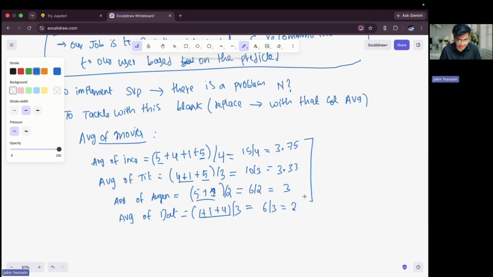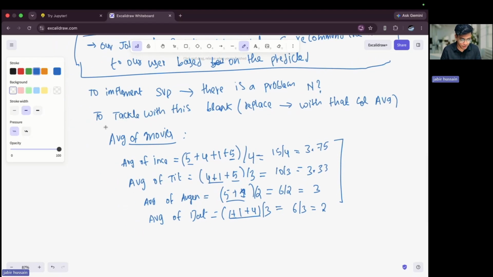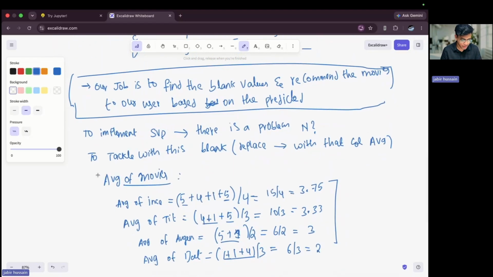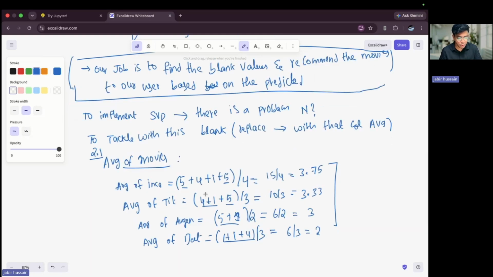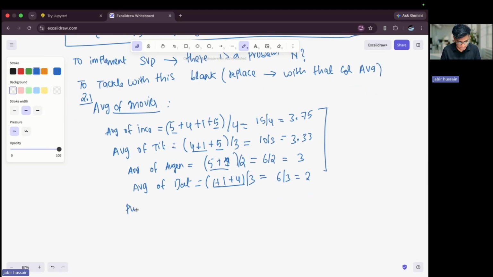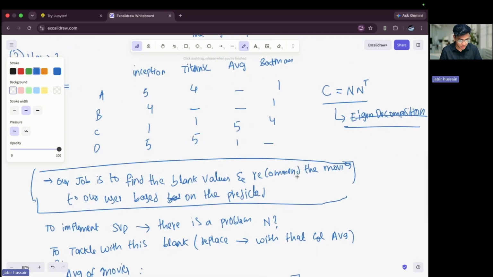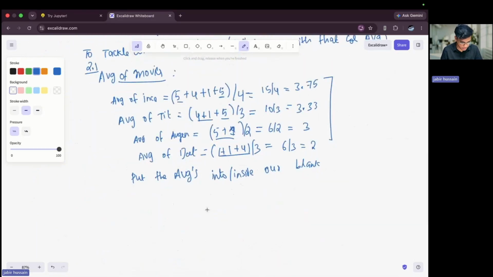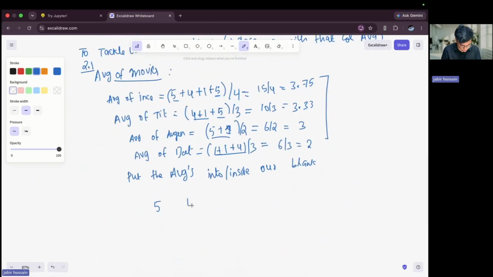Now after getting the averages, this is our step 2.1: put the averages inside our blanks. So our new matrix would be like this: 5, 4.